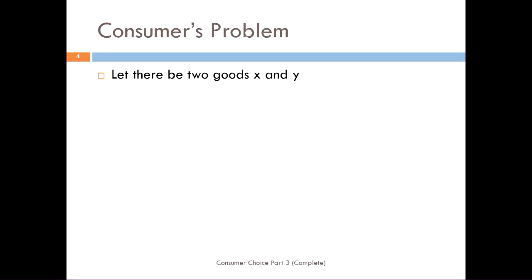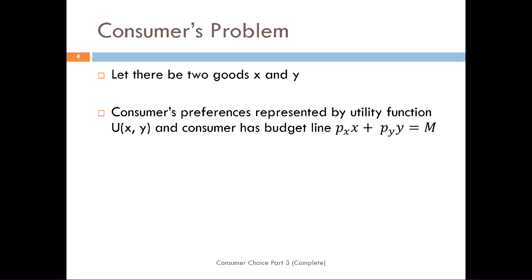Okay. All right, so let's see how we solve the consumer's problem. Okay? So the consumer's problem is, among all the affordable bundles, which one is most preferred? Which one will you choose? Okay? So let's have two goods, X and Y. Right?